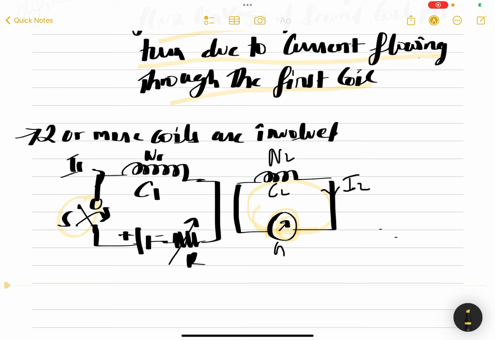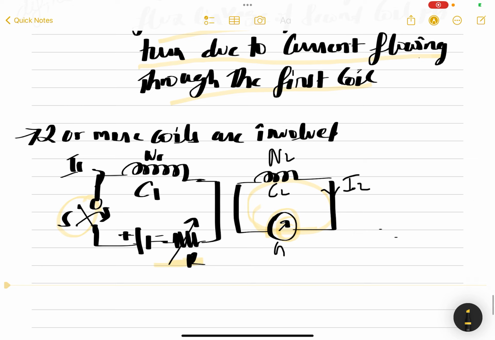Now whenever the switch is closed, current I1 will start flowing in circuit 1, which has coil C1. The magnitude of the current can be changed by changing the value of resistance R, right? Since the current I1 flows through the coil C1, a flux is produced.